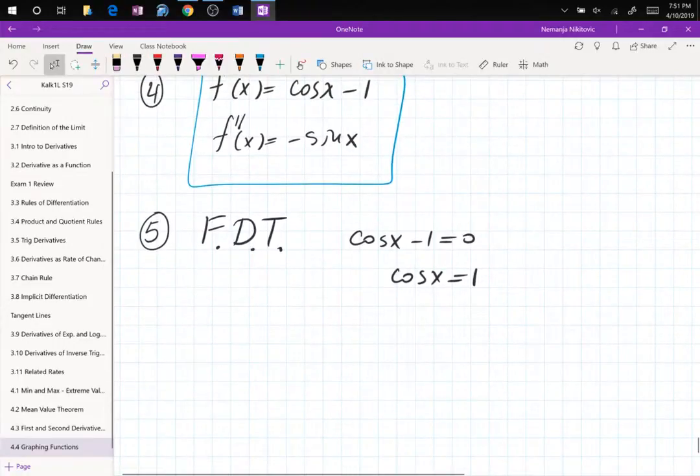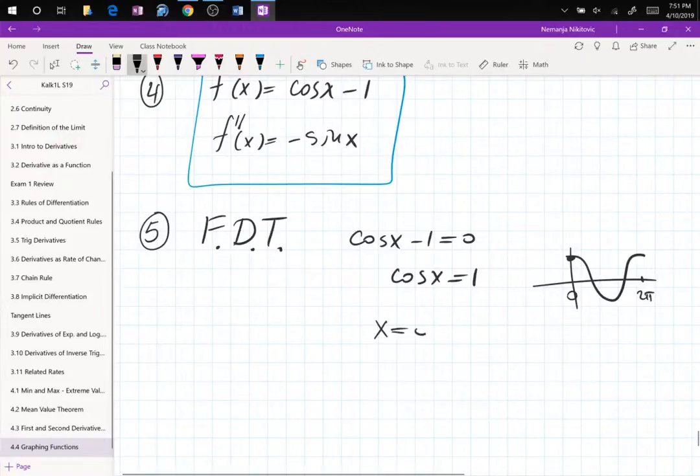Now that's an important piece of information for me because they say 0 to 2 pi. So cosine, squiggle like this, cosine is equal to 1 at 0 and is again equal to 1 at 2 pi. So it's exactly the two values which are at the end.